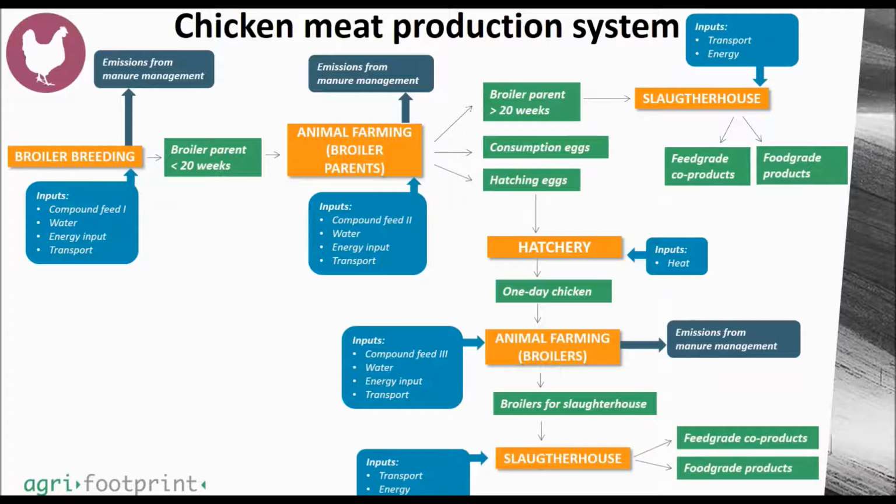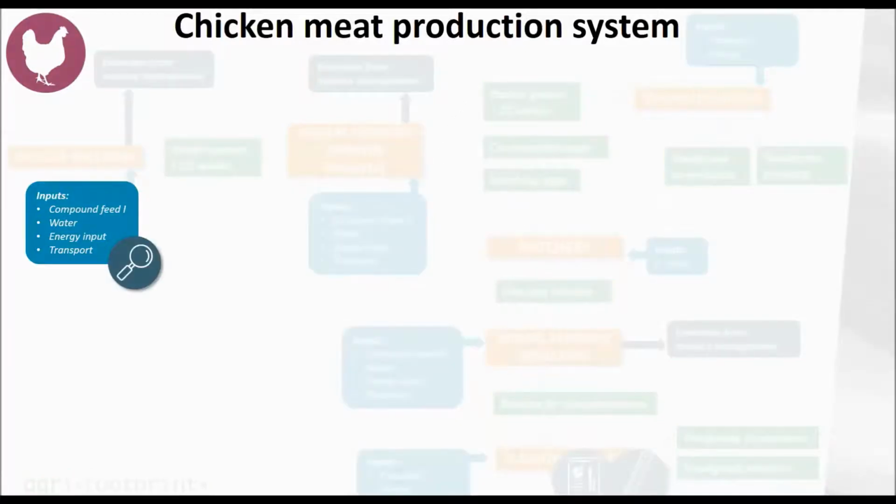So in Agri-footprint, you have the option to calculate the impact or make a contribution analysis of this whole system, but you can also do the same in any step throughout the life cycle, since the database is composed of unit processes, so you can click into every single step. Let's say we want to zoom into the compound feed for breeding broilers.